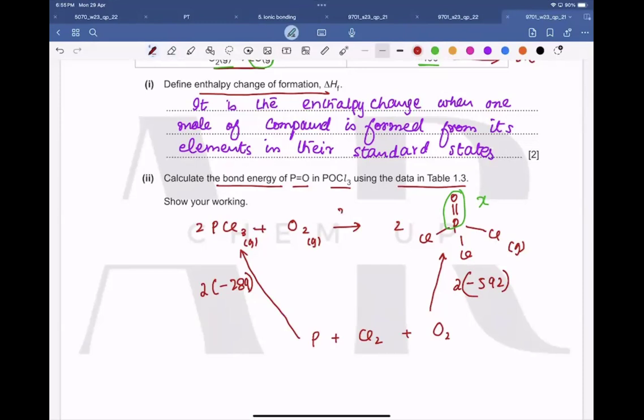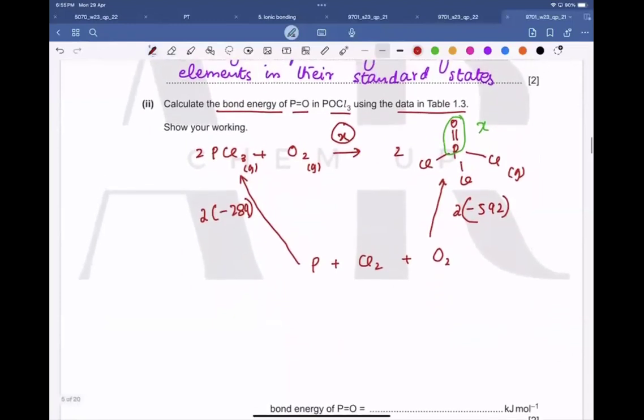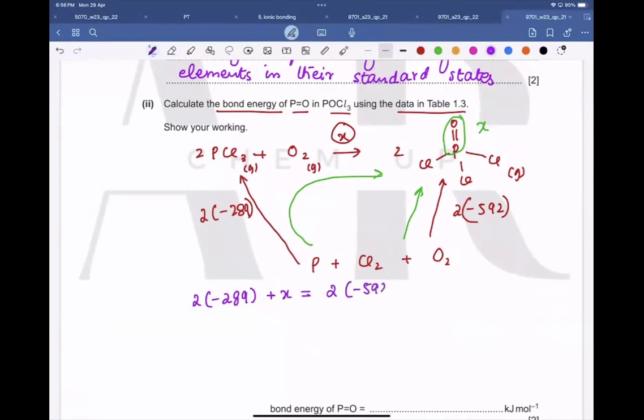Okay. And if I make it X, am I able to calculate the enthalpy change of reaction, delta H? If you look at the Hess's cycle, this is the indirect route and this would be the direct route. So the expression would be 2 times minus 289 plus X is equal to 2 times minus 592.